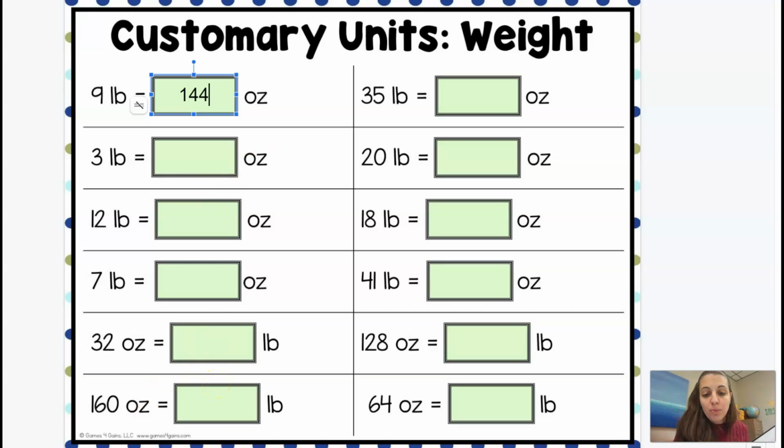We can do the opposite thing here. We have 32 ounces and I have to convert that into pounds. So what I'm gonna do is, following the rule, from ounces to pounds, I have to divide by 16.